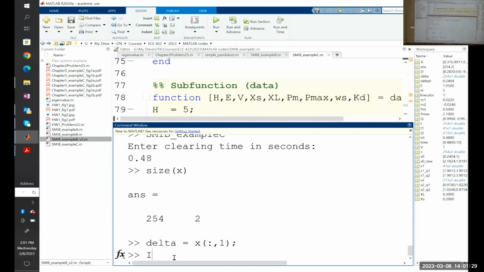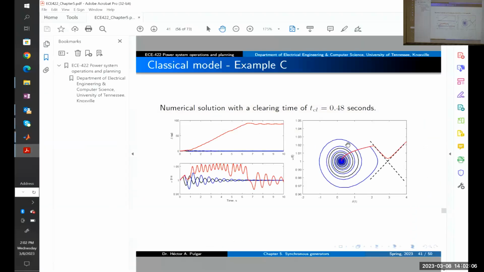The current in the system will be E times exponential of j delta minus the voltage at the infinite bus, divided by the total reactance.